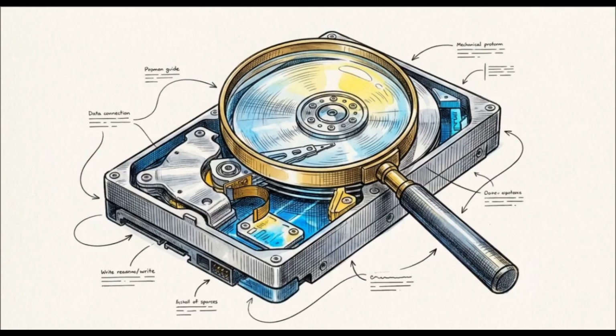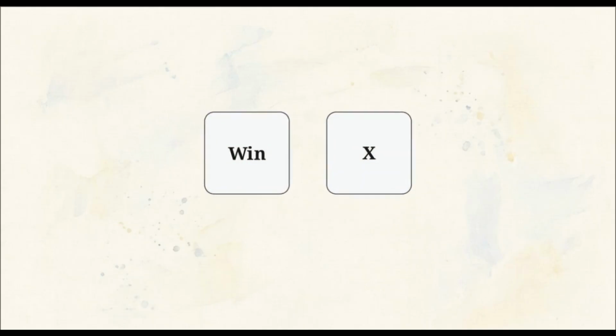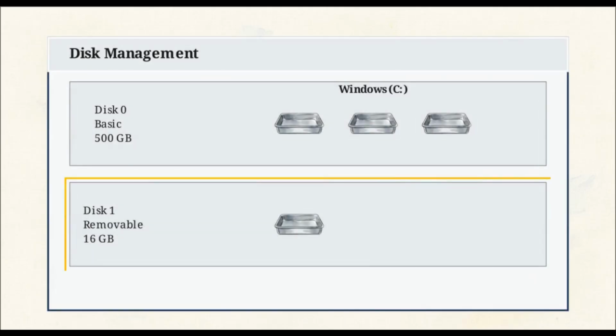This brings us to Disk Management. We use this environment to check if Windows physically detects the drive but is refusing to display it in your folders. Press the Windows and X keys on your keyboard at the same time, then select Disk Management from the menu. Look at the lower section of this interface. You are searching this grid of horizontal blocks for the specific volume that represents your USB.